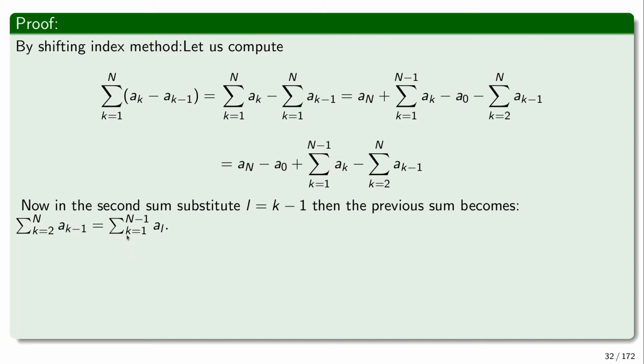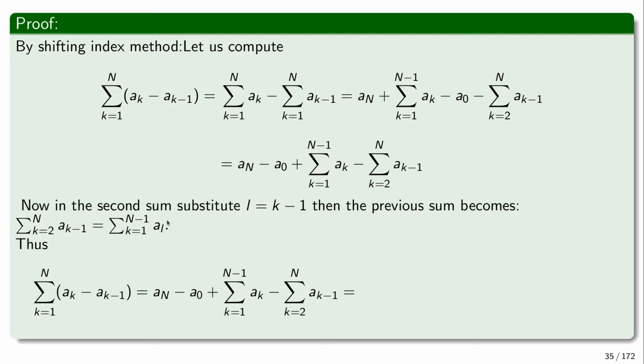So the summation here is, of course, over l. So now if we were to substitute this, we have this summation, and yeah, here I didn't make this mistake. So essentially this sum equals this sum, and the variables l and k are dummy variables to indicate summations. So we see that this sum involves exactly the same terms, so they exactly cancel out, and we get the same result once again, right?